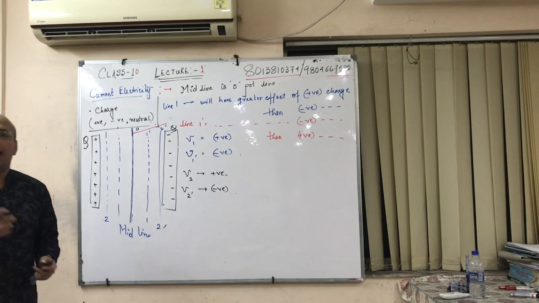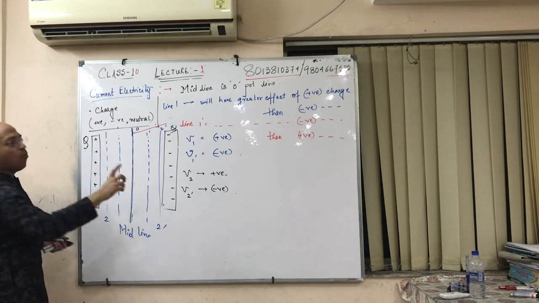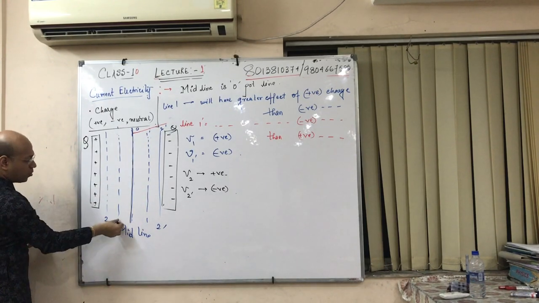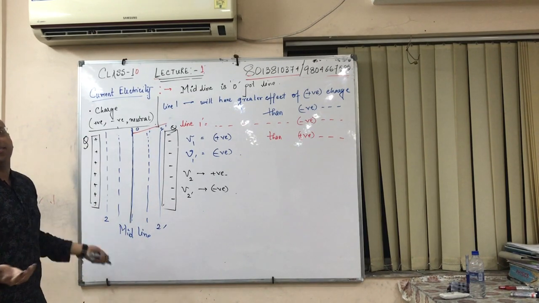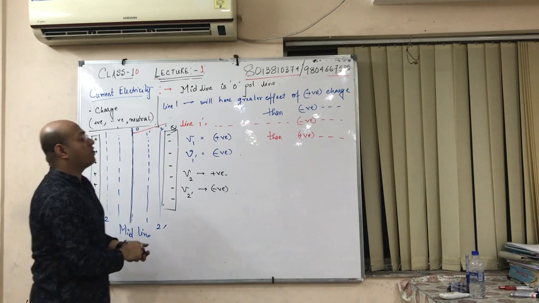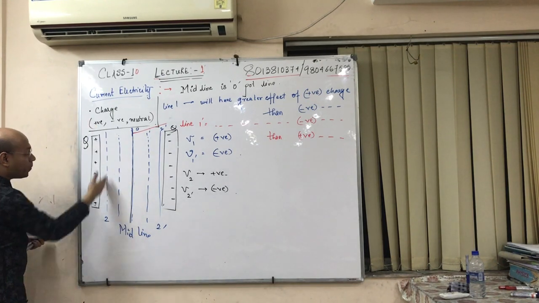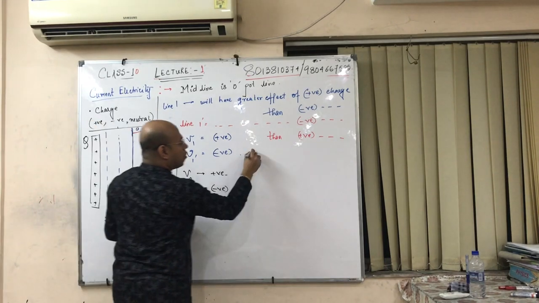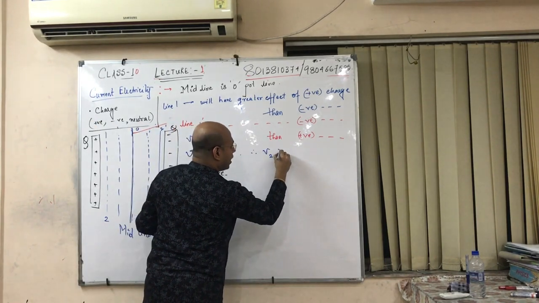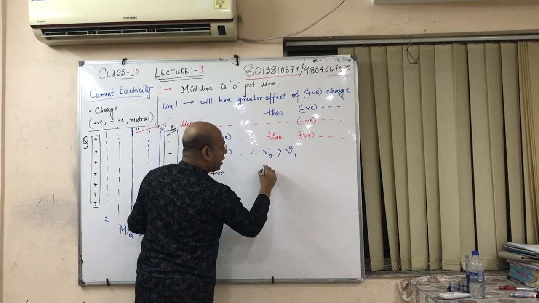Now can anyone tell me which one is more positive? Line 1 or line 2? Very basic understanding. People will say, sir, line 2 is more positive because it is nearer to the positive charge and far away from the negative charge. So V2 is greater than V1.